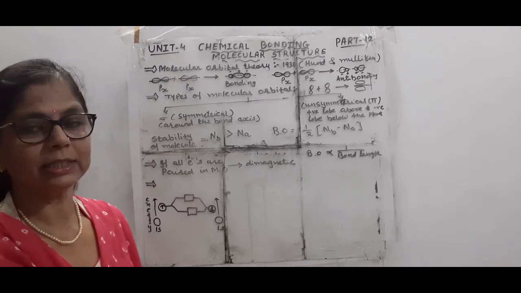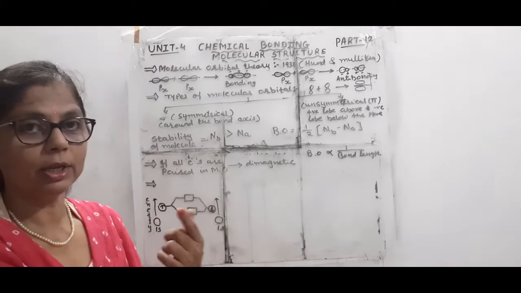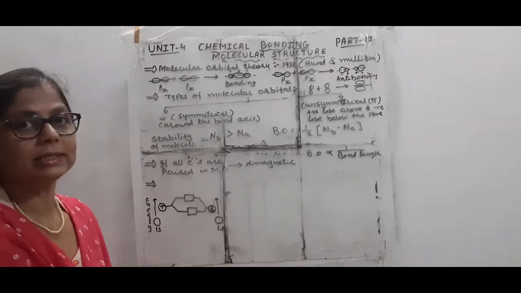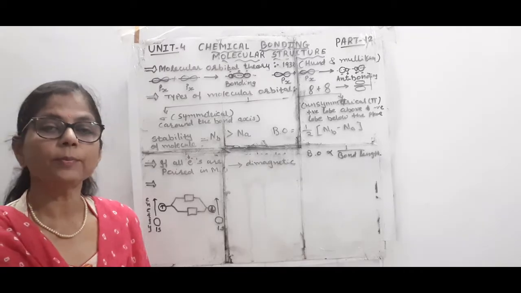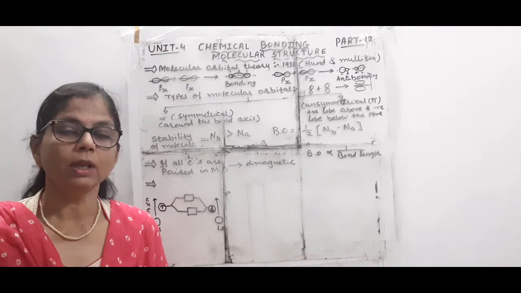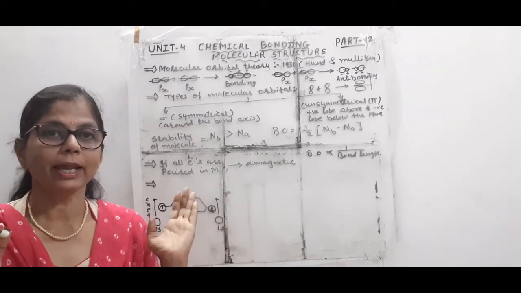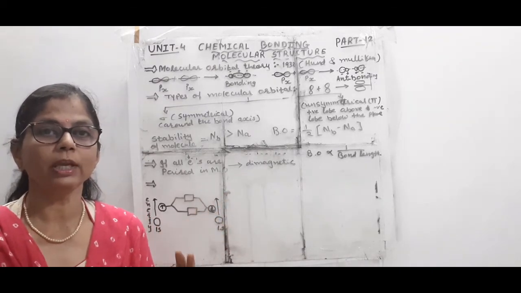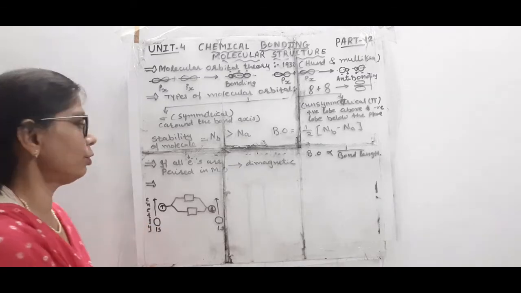Now you know that hydrogen is having only one electron, and as I said, according to the Aufbau principle and Pauli's principle, the electron will enter first only into the bonding orbital.